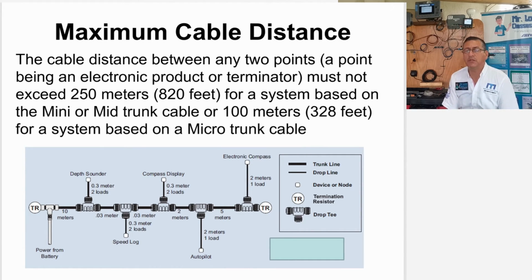The cable distance between any 2 points, a point being an electronic product or terminal, must not exceed 250 meters or 820 feet for a system based on mini or mid trunk cables. The maximum distance should be no more than 100 meters or 328 feet for systems based on micro cables.